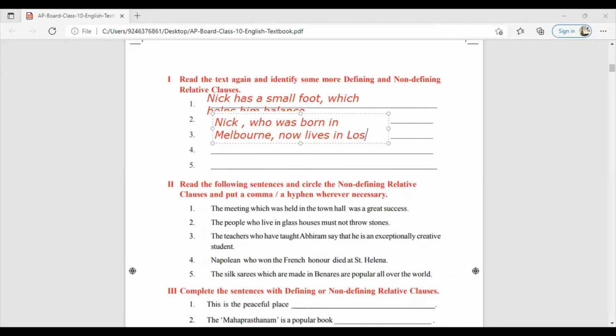A should be capital. This is also a non-defining clause only.